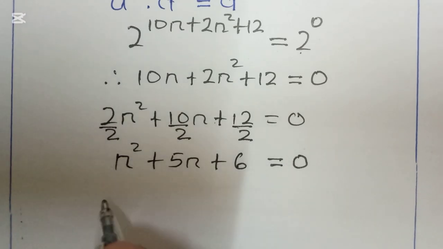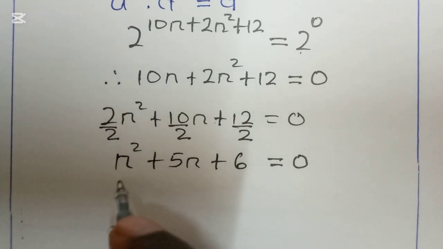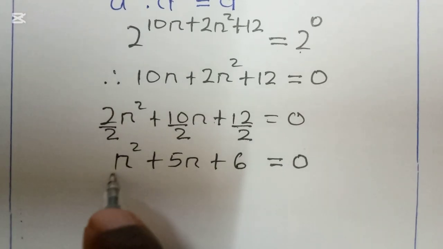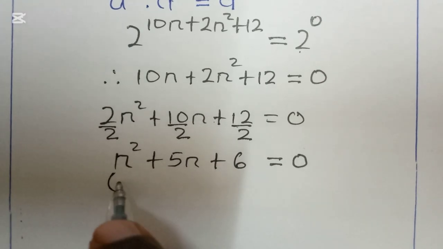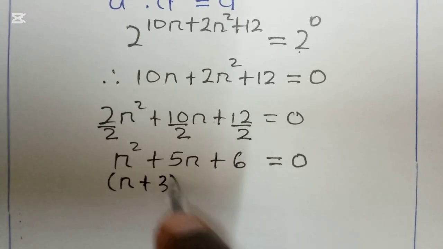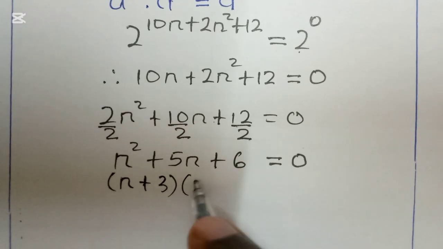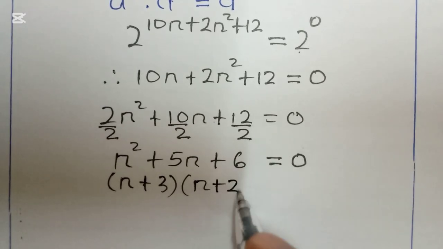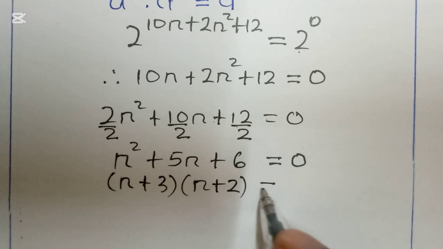So it goes without saying, even without having to go through all that process, you can just write the factors. So we shall have n plus 3, n plus 2, equals to 0.